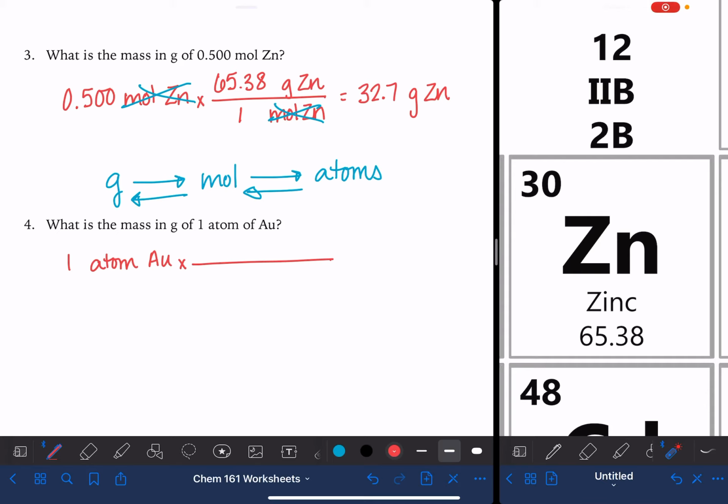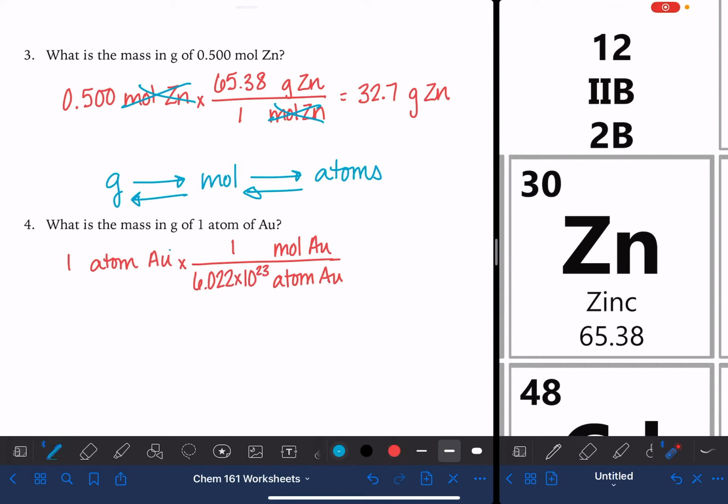We want to multiply by a conversion factor that cancels out the units of atoms of gold, so that's going to be on the bottom. And if we're starting with atoms, our only choice is to convert into moles of gold. To do that, we're using Avogadro's number. 1 mole is 6.022 times 10 to the 23rd atoms. Doesn't matter what kind of atom it is.